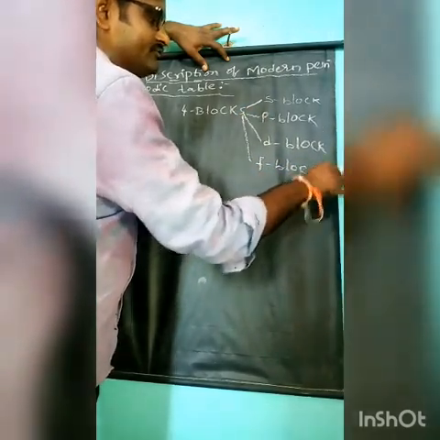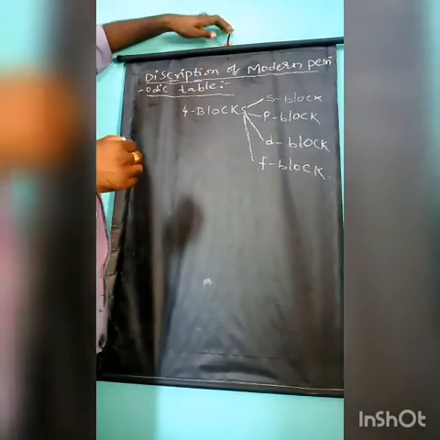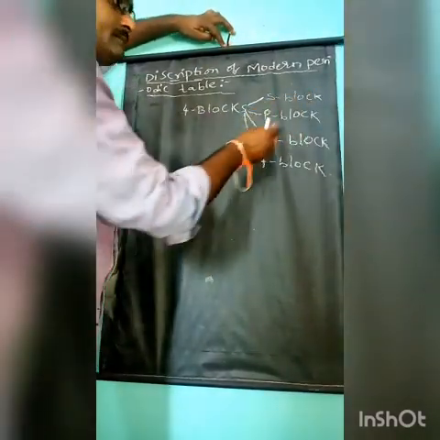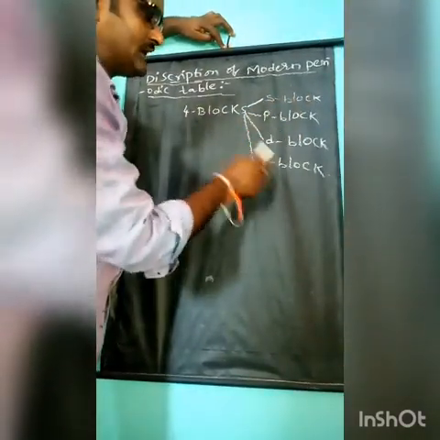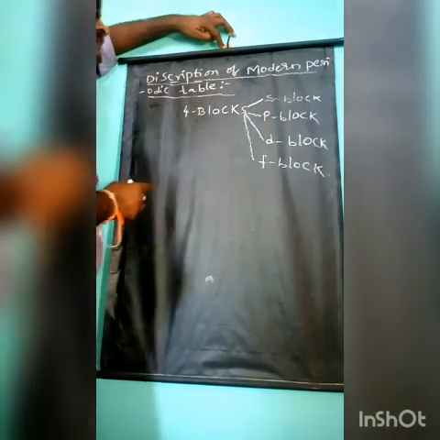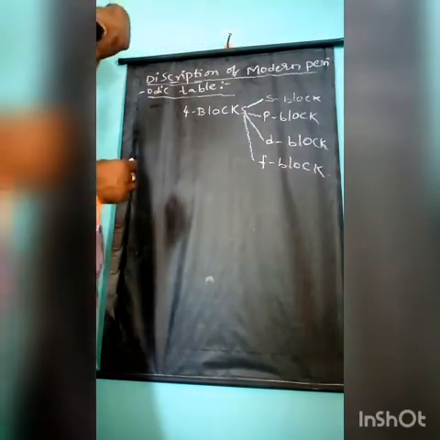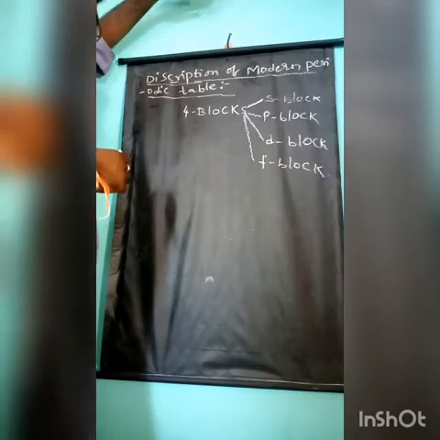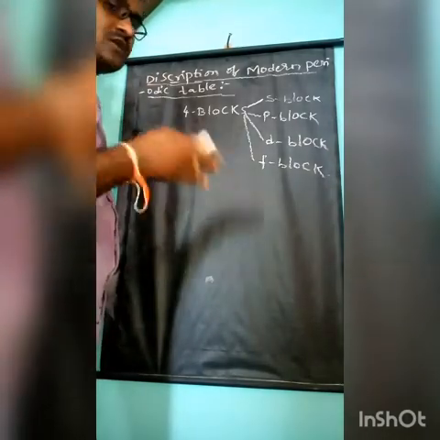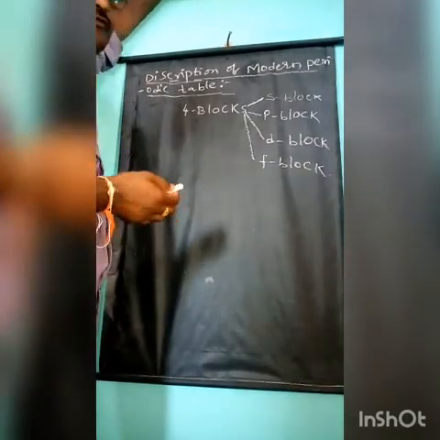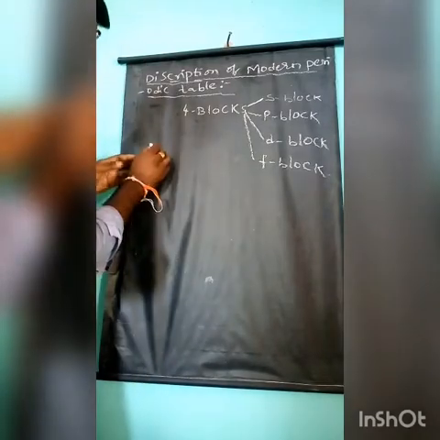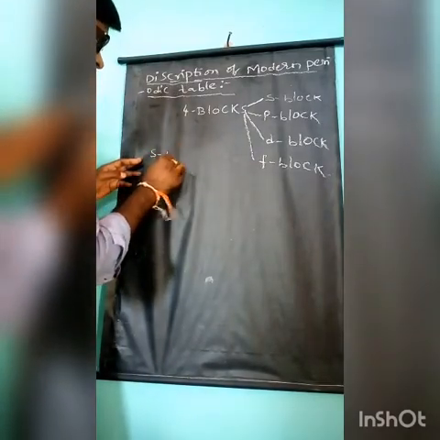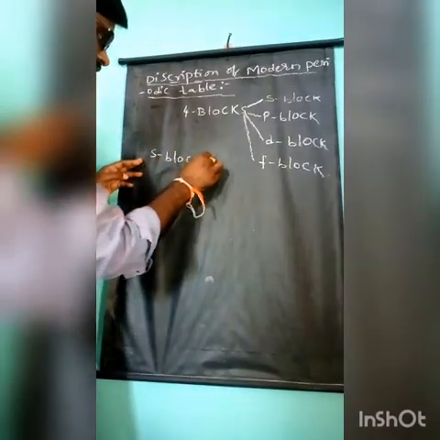So totally 4 blocks are there: S block, P block, D block and F block. Okay, so which type of elements are called S block, P block, D block and F block? We will discuss. First, S block elements.